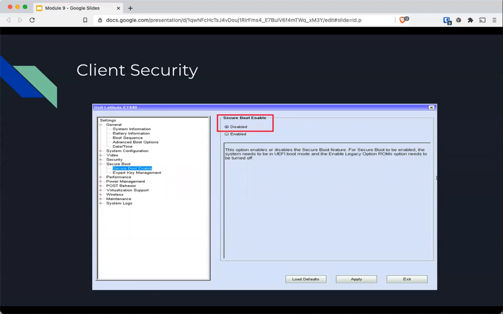With UEFI, we have secure boot. UEFI also has the hardware root of trust, which verifies the physical hardware. If the physical hardware is changed, then the system just simply doesn't boot. This is just one simple way that is already available on most systems that you can implement.